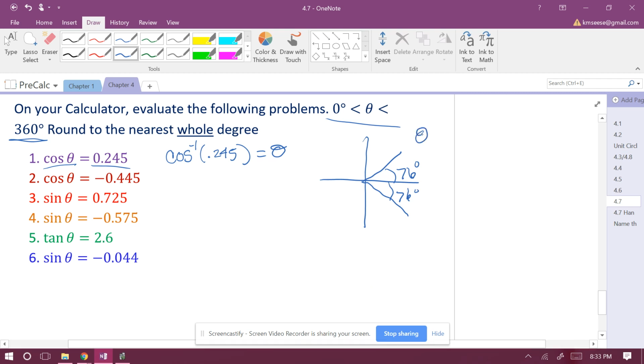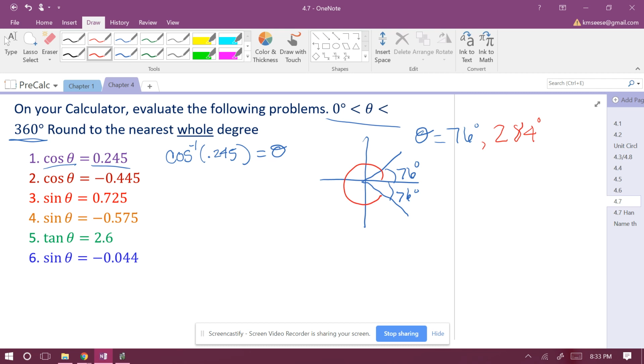When I go to find theta here, yes, I have 76 degrees, but from here to here would be 360 minus 76, which would be 284 degrees. So for all of these, you're actually going to be giving me two answers. What you need to remember when doing these is what quadrants could my angle be in.